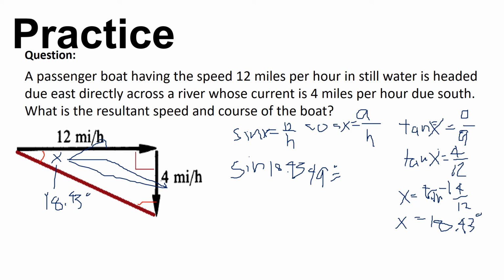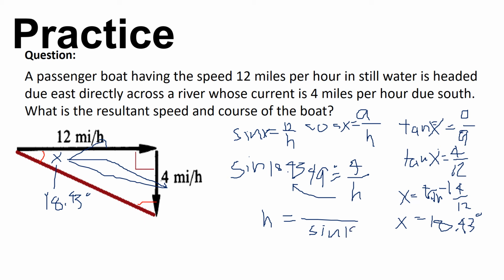What is the opposite side? 4. And the hypotenuse is unknown. So to solve for the hypotenuse, you transpose hypotenuse to the other side of the equality, and you transpose sine 18 to the denominator of the other side of the equality.